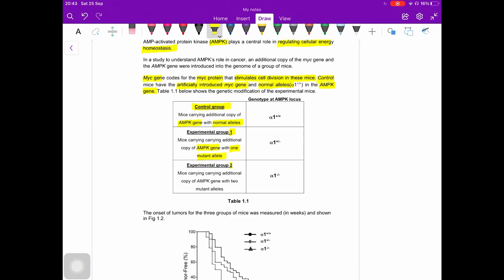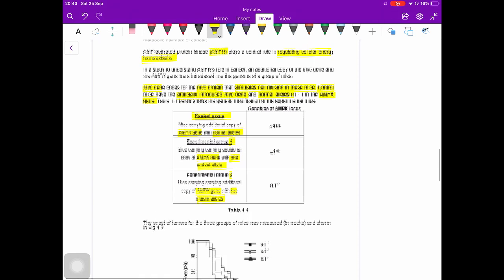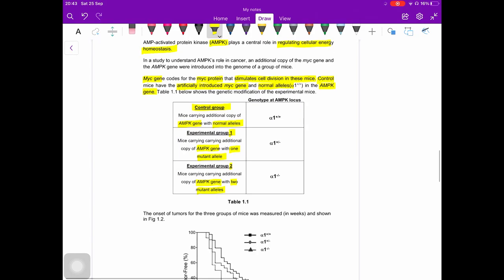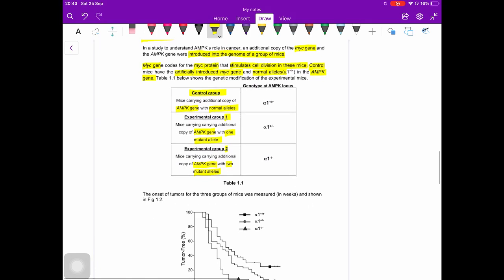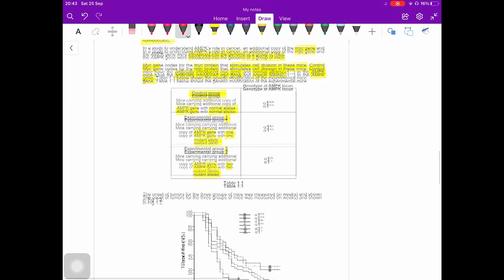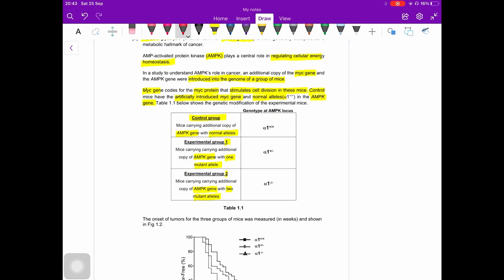Group 2 has 2 mutant alleles of your AMPK gene. Okay. So we know that MIC genes are introduced into your mice. And because your MIC genes are introduced in your mice, they will all have an extra copy of your MIC gene.